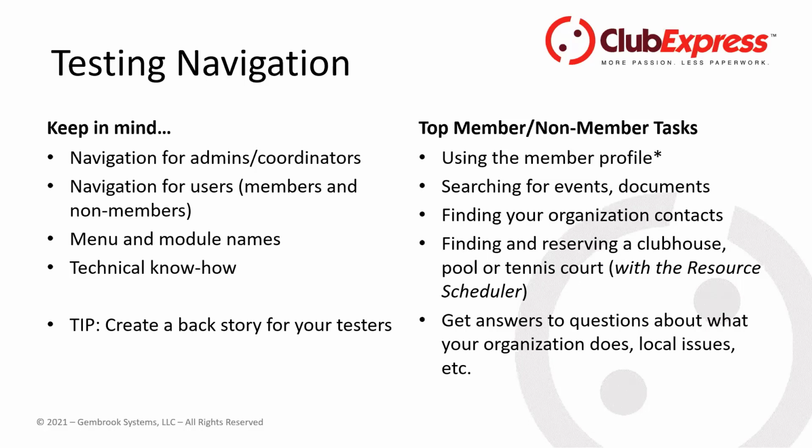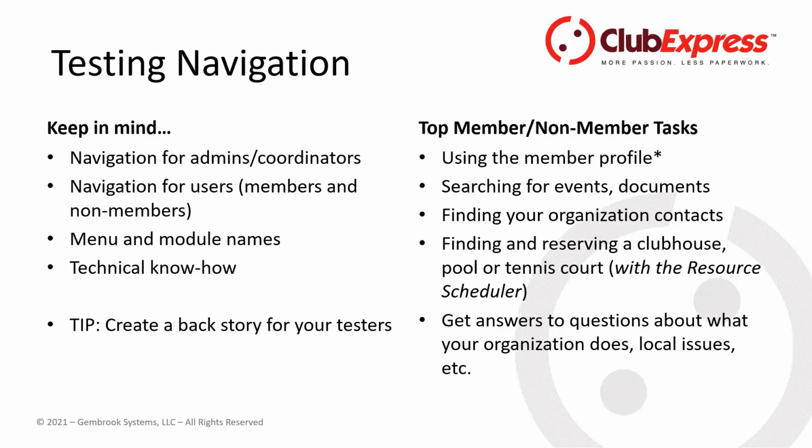So members should know how to use their member profile, how to navigate to it. They should be able to search through some of the items on your website, like events and documents, find your organization's contacts. Think about if you've activated any additional modules that are what we call extra cost features. So for example, the resource scheduler is one of our extra cost features that allows clubs and associations to create resources that their members can reserve, like a tennis court, a clubhouse, or a pool.